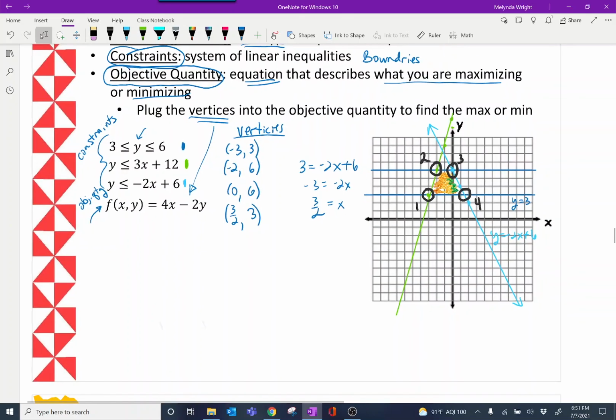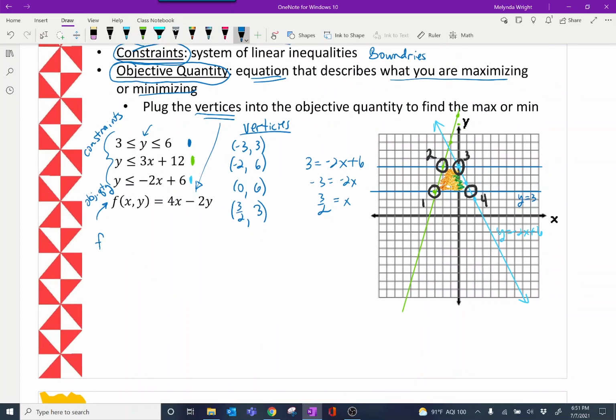So let's do that. We'll start with f of negative 3, 3. That's vertex number 1. We plug that in, so that's 4 times negative 3 minus 2 times 3. I've already worked that out, so I'll save you the arithmetic. It's negative 18.